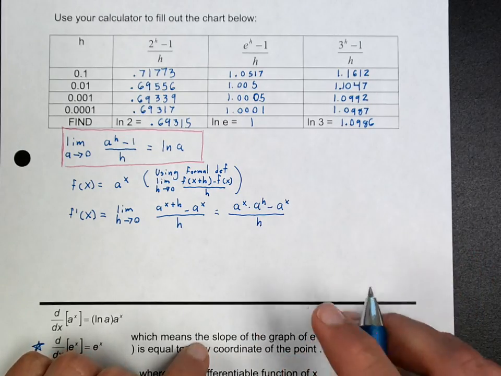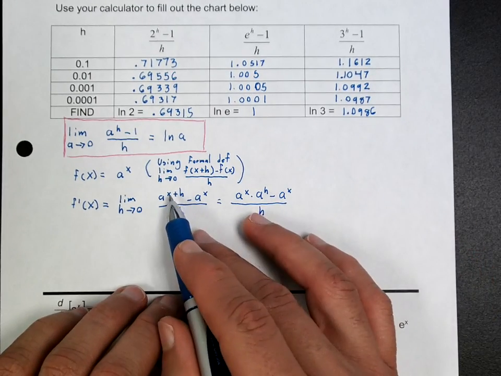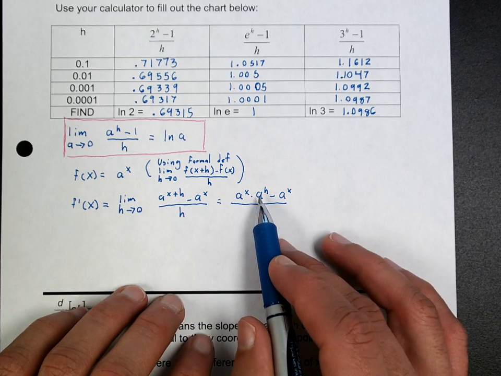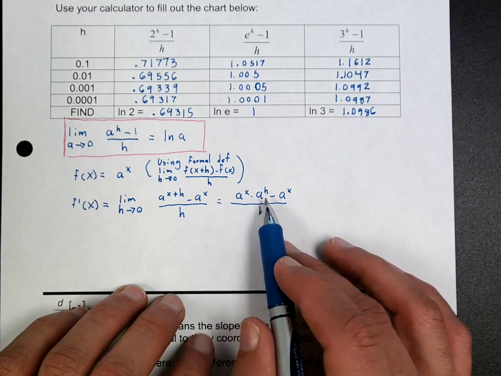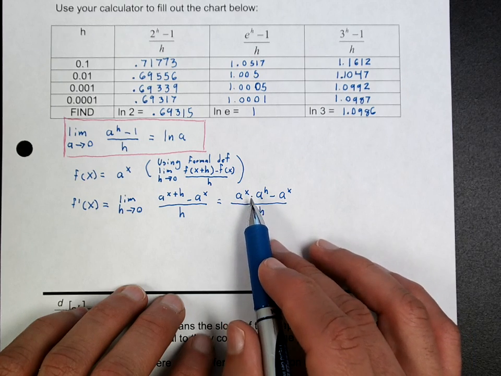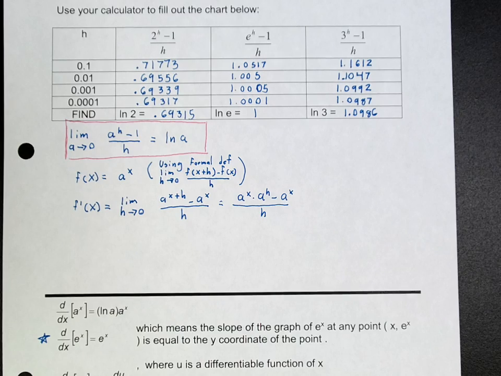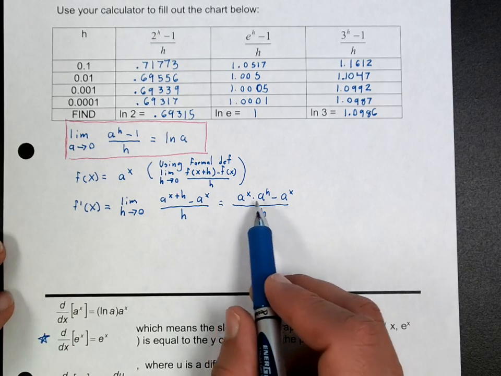So what's going to happen in the next step, remember, if I add these exponents, that must mean that I can rewrite this as a to the x times a to the h. Okay? So now, as I look at this, I'm going to factor out an a to the x here.